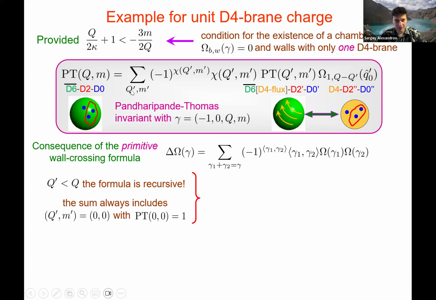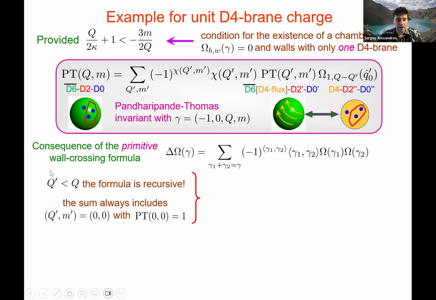Of course, the most important information here is in the range of summation over Q prime and M prime, which I don't indicate, but there are two important properties about this set, which you sum over. First of all, Q prime is always less than Q, which means that the formula is recursive, namely a PT invariant is determined by PT invariants of lower charges.